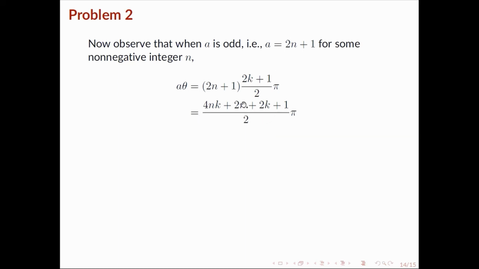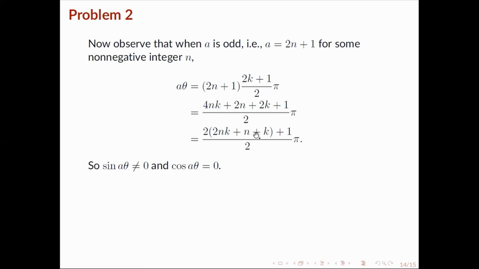And that is equivalent to (4nk plus 2n plus 2k plus 1) all over 2 multiplied by pi. So just use the FOIL method here so you can arrive at this form. Then we can factor out the 2 from 4nk plus 2n plus 2k. That will be (2 multiplied by (2nk plus n plus k) plus 1) all over 2 multiplied by pi.